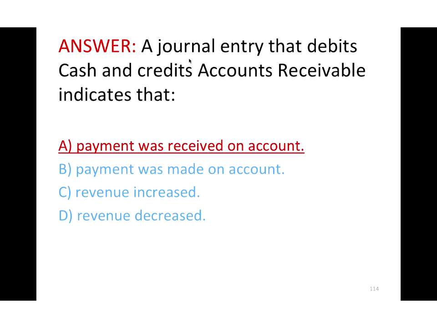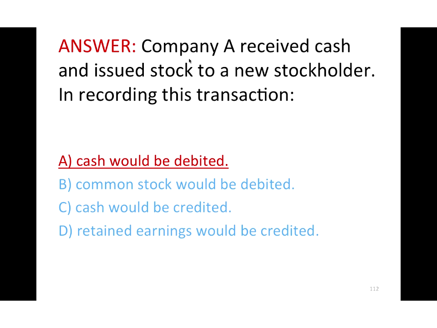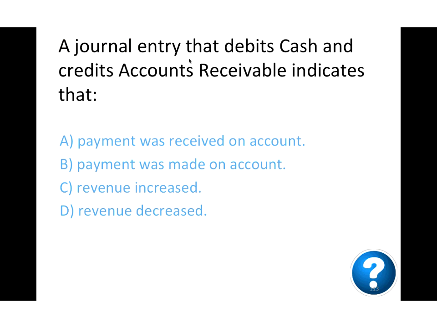Oops, I guess I went too far here. Okay, a journal entry that debits cash and credits accounts receivable indicates that. So if you think about it, what's going on here? We debit cash, which means we're increasing cash. Notice that I'm not looking at the answers; I'm looking at what's happening.